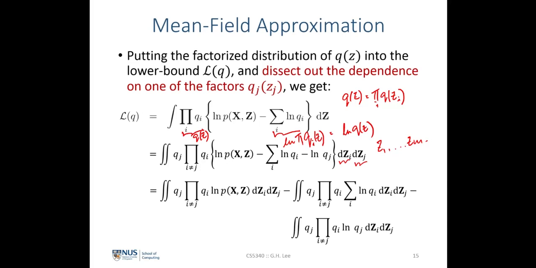And by splitting z, the random variable, into these two disjoint sets, we can then write the integral form into a double integral over zi as well as zj, and we are going to simply factorize out that particular qj, the probability distribution that corresponds to this particular zj that we have defined in the split.